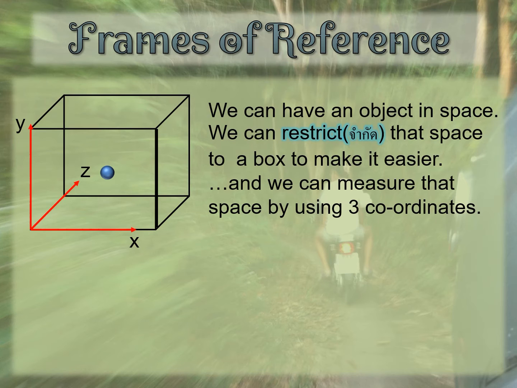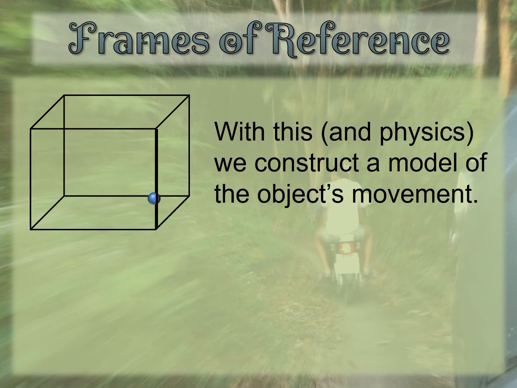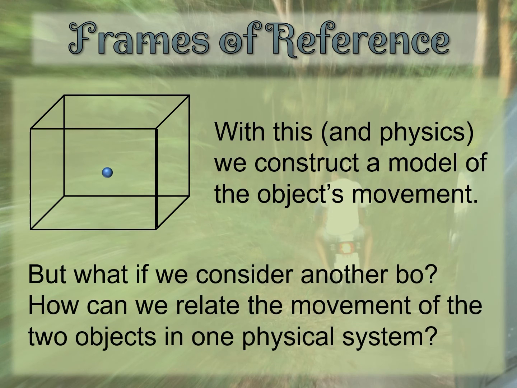And so once we have this system, we can use our understanding of physics to construct a model of the object movement. So that means we have a single reference frame, and that is a single coordinate system based around a single stationary origin, at least stationary with regard to this object. But what if we have another box, another reference frame? This reference frame could be moving.